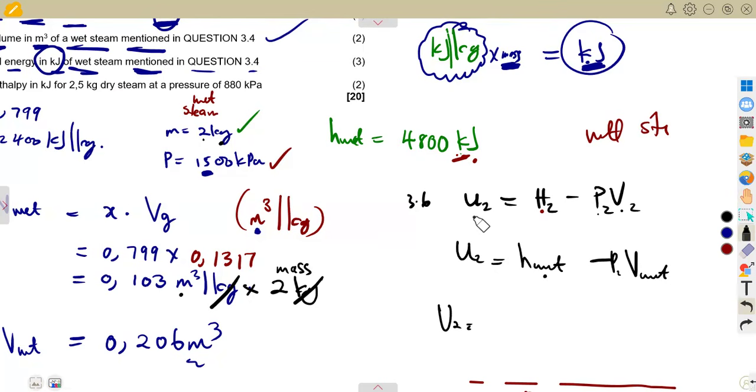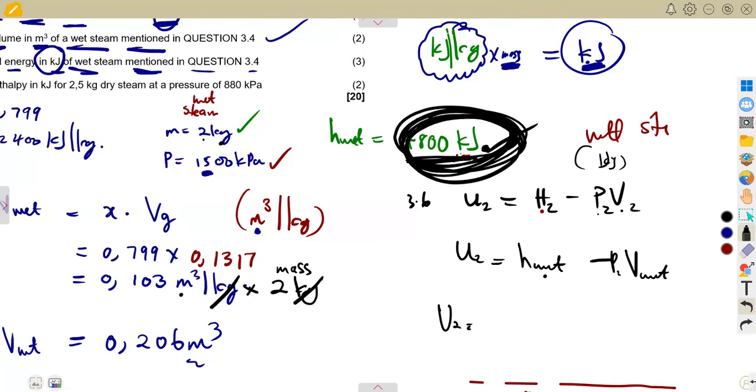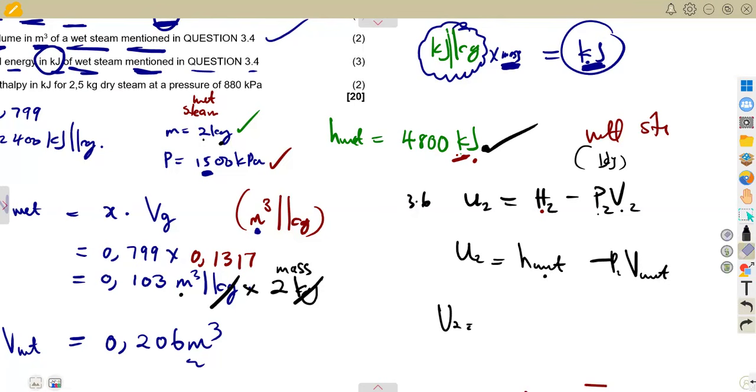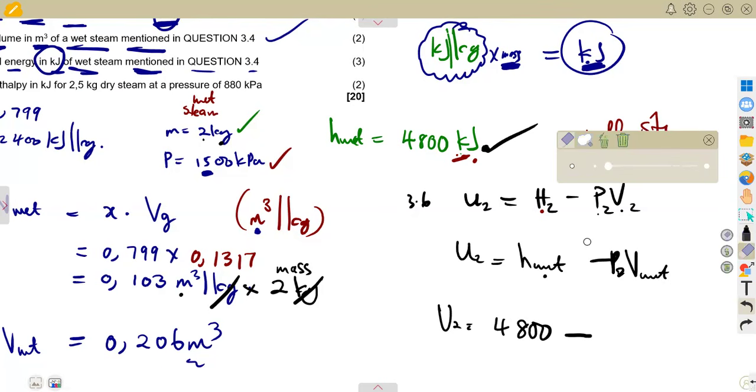Remember, they want us to have the internal energy in kilojoules, meaning the mass is no longer separate. So instead of taking the calculated value where the mass is not involved, let us take this, because here the mass is already involved. It's already kilojoules that we want. So this will be 4,800 minus P2 times V wet.